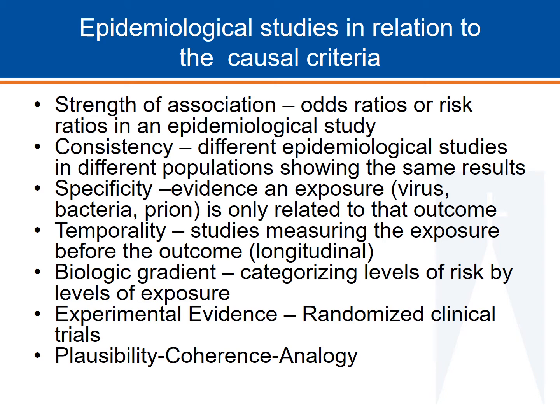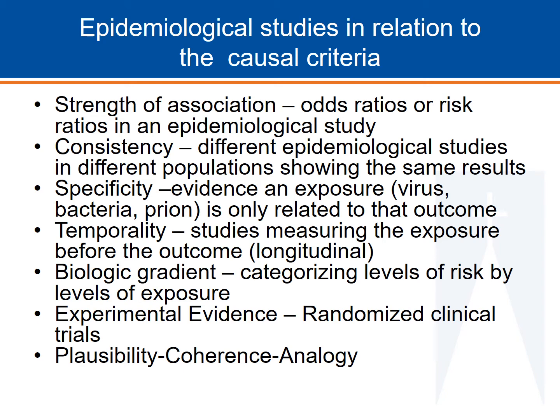Consistency is the concept that different epidemiological studies in different populations will show the same results. Specificity is a concept that really is more appropriate for the laboratory setting. So you should just be aware that it's the concept that a single exposure is only related to a single outcome.